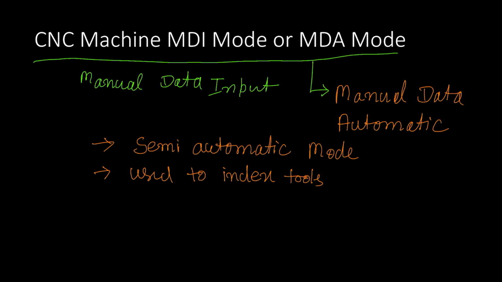The CNC MDI or MDA mode is mostly used to index tools or to execute one block of CNC code. In some controls of the CNC, such as Sinumerik 840D, you can execute a multi-block CNC program in MDA mode.